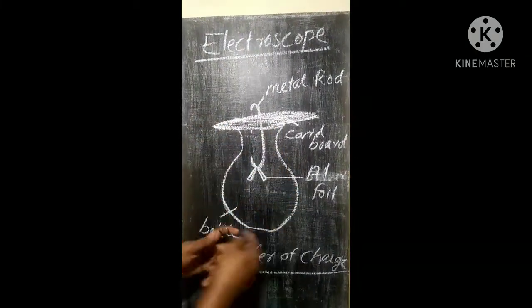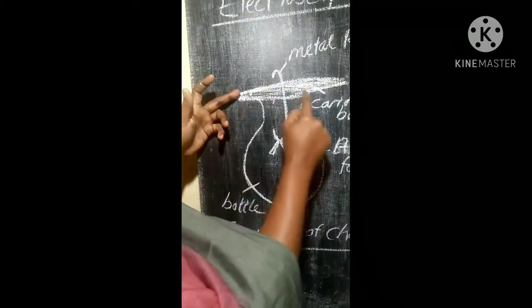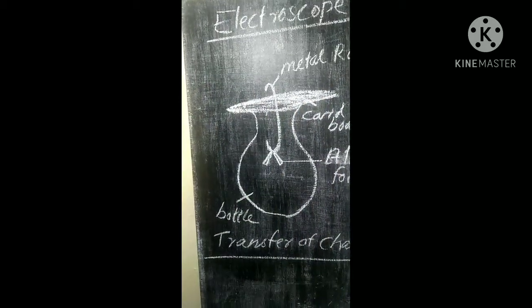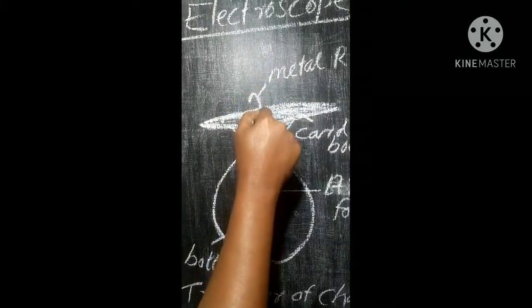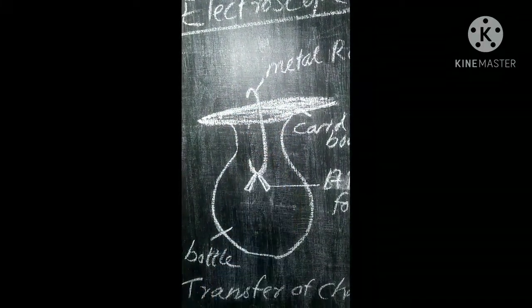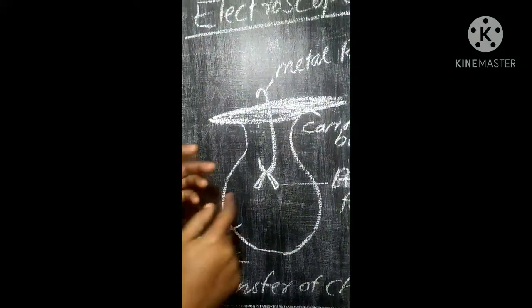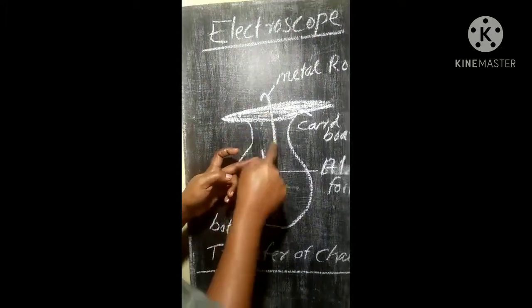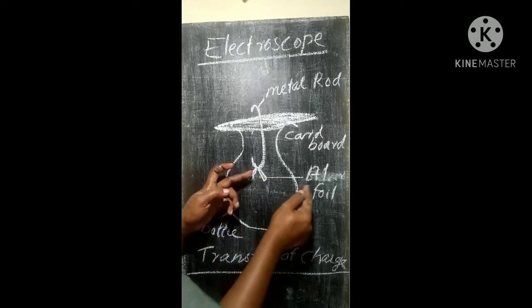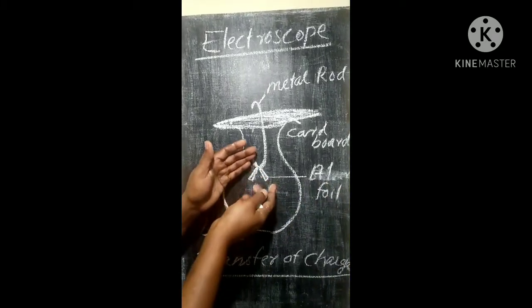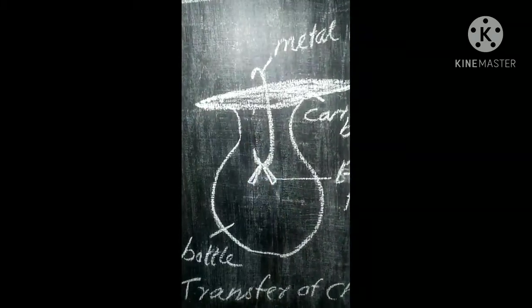The electroscope consists of an empty bottle whose mouth is closed with a cardboard, and through the cardboard a metal rod is inserted into the bottle. From the other end of the metal rod, two small pieces of aluminum foil are placed.